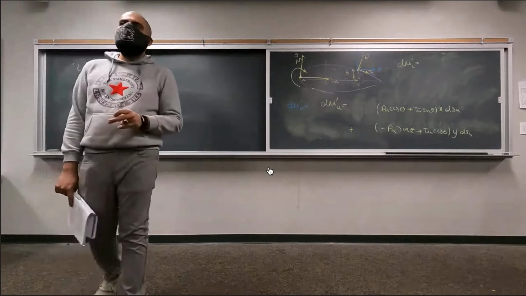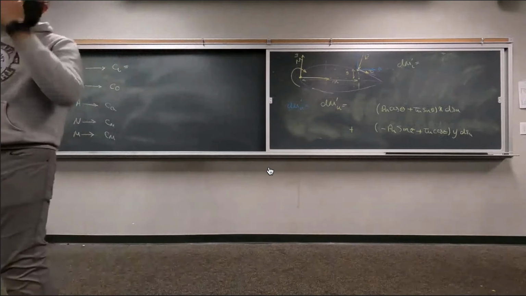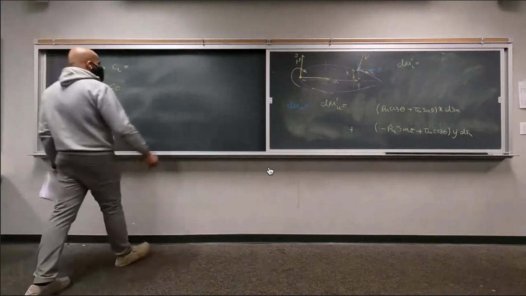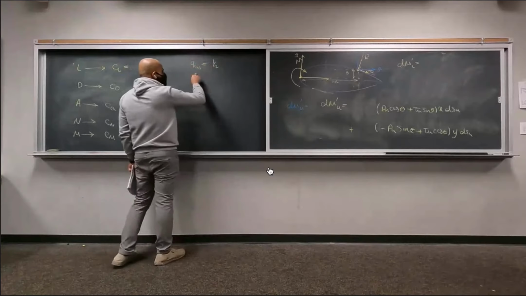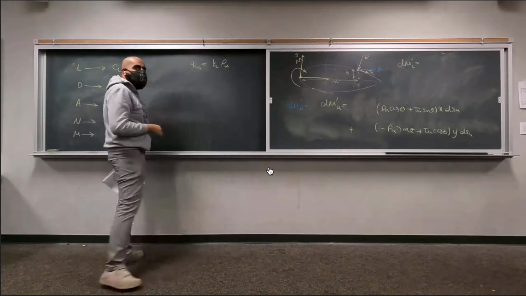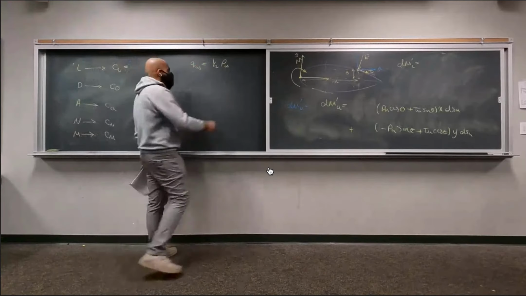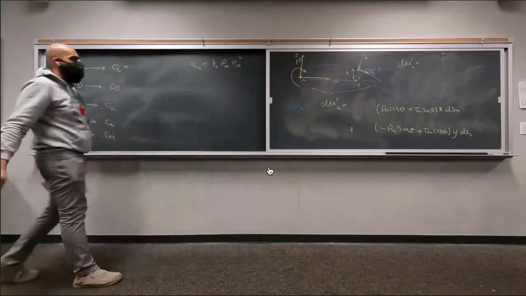Anyone? That's it. So dynamic pressure, you use Q infinity for it, which is 1/2 your density of air, the free stream density, times V infinity squared. That's going to be your dynamic pressure.